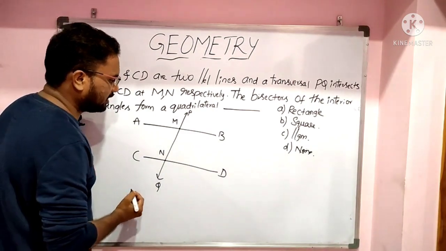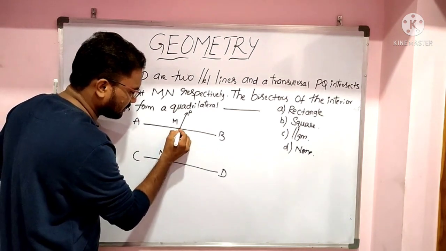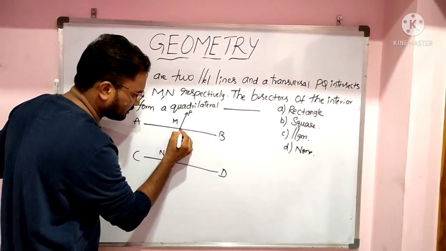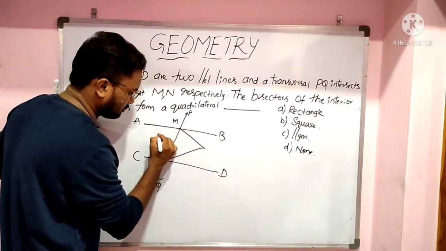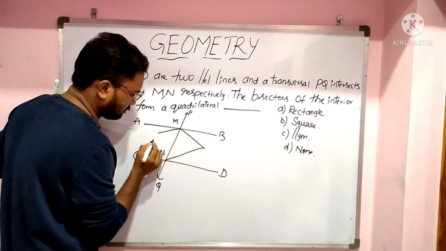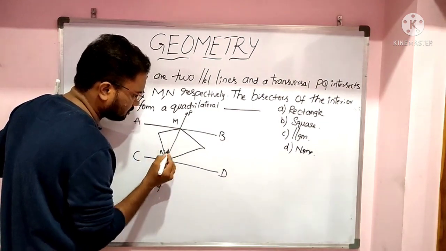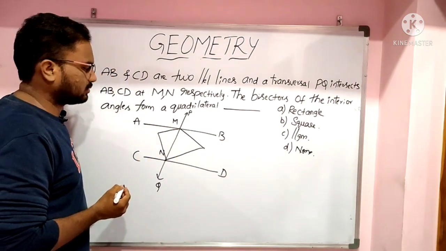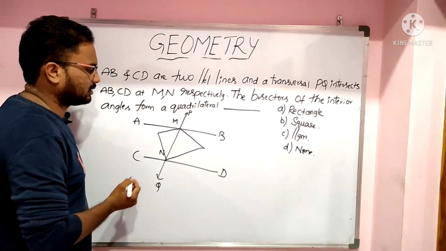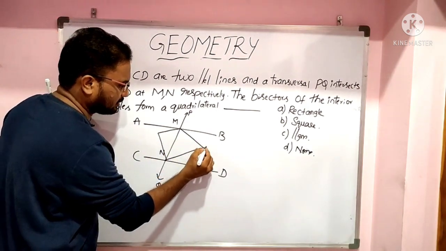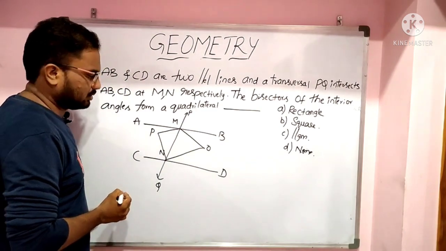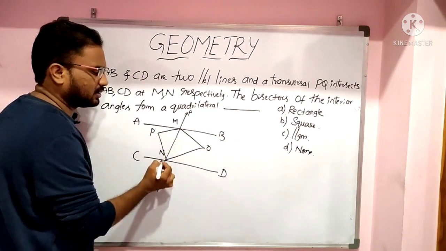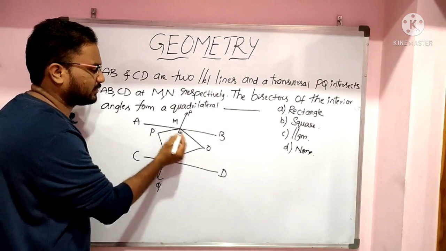So these are the interior angle bisectors. Let us say this is O and this is P. So MONP is a quadrilateral. We need to find the type of quadrilateral.